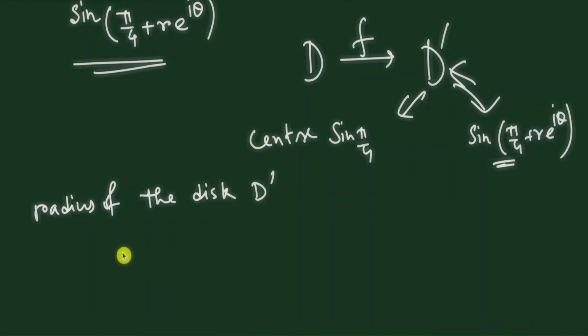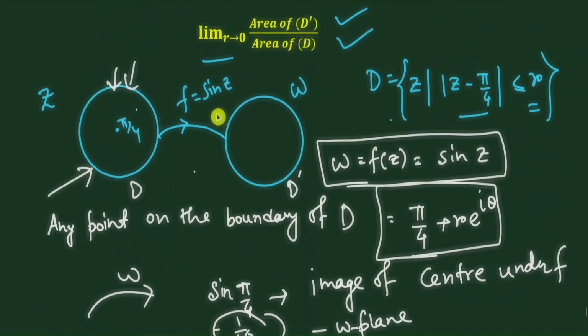D dash, which is equal to mod of the center minus this point. The center is sine pi by 4 and any point on the boundary is sine of pi by 4 plus r e to the power iota theta.